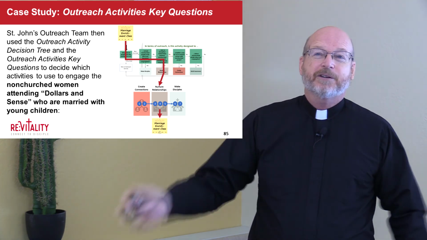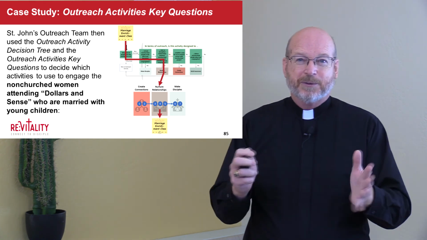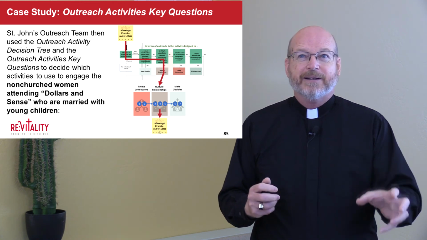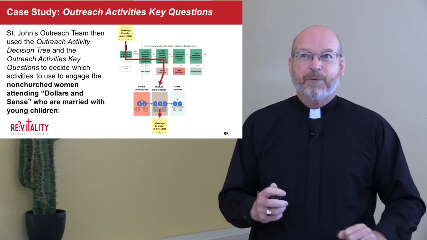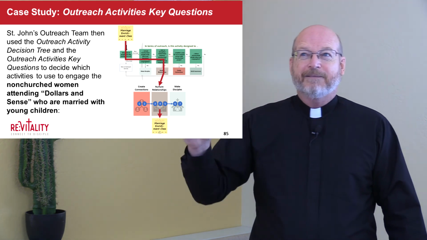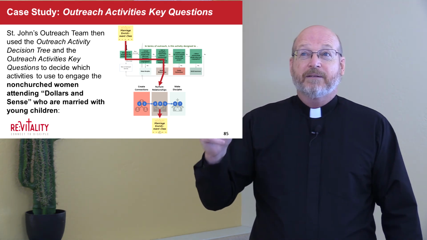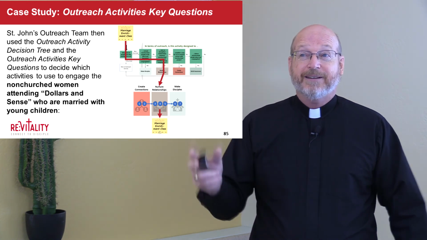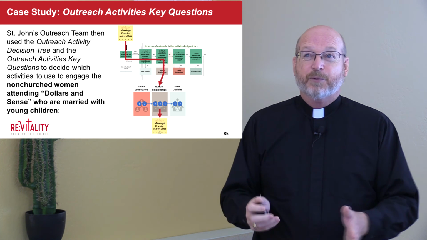So go back to our decision tree. Remember our decision tree that helped us classify what kind of activity this is? That's the first step. So they took marriage enrichment class, and they looked at it and they evaluated it and determined that marriage enrichment class was a nurture relationships activity. That's where it fit in the outreach process.